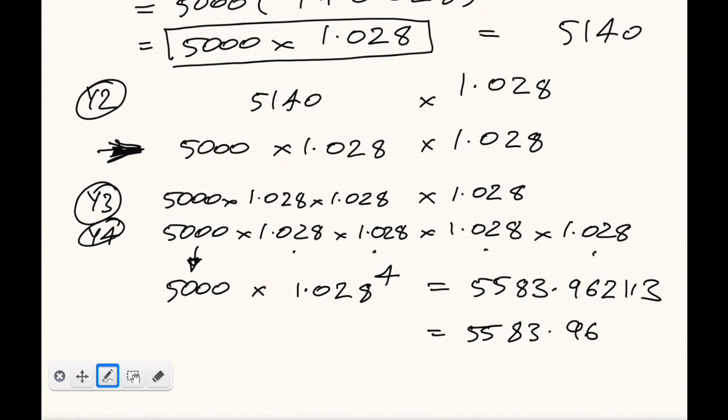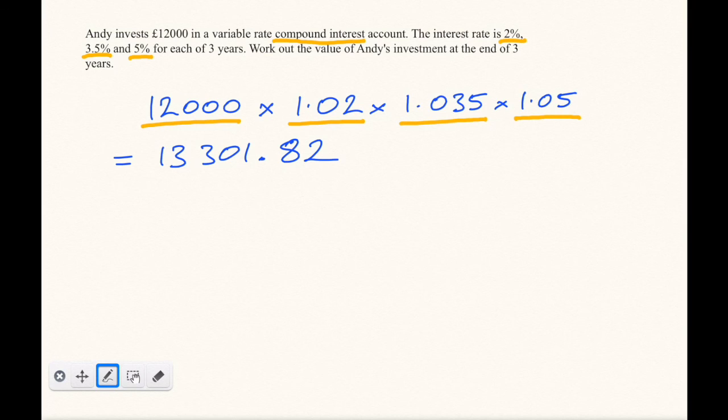So if we just go back and have a look, you can see here we started off with a capital, first year, second year, third year, fourth year. The interest rate was the same on every one, so we were able to combine all of these into a single to the power 4 here. Part B, exactly the same idea. The difference is that the interest rate changes. So this was year 1, this was year 2, this was year 3. And other than that, you just put it through a calculator.